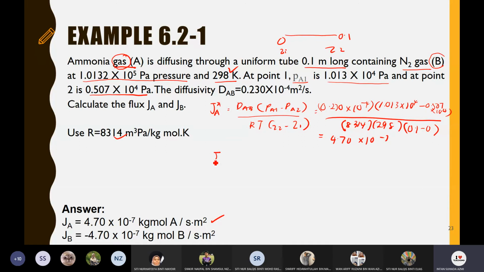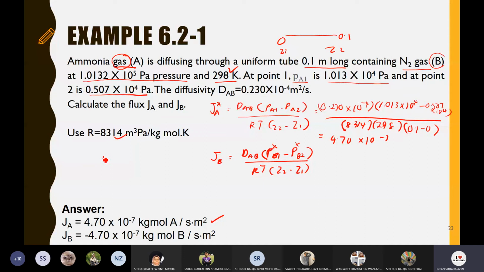For JB, you will also use the same equation, but this one is for A, so A1, A2. For B, you substitute with B1 and B2, divided by RT times Z2 minus Z1. Okay, the problem here is you don't have PB1 and PB2. So how can you find PB1 and PB2?